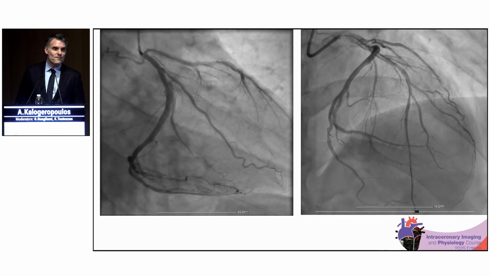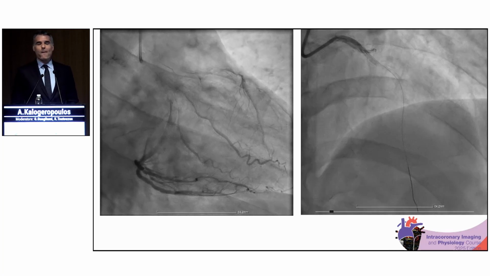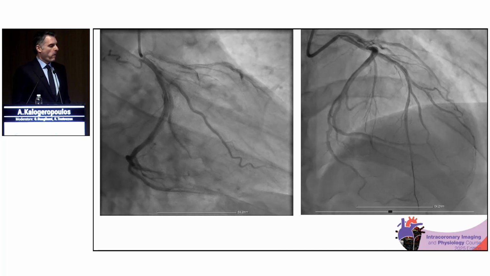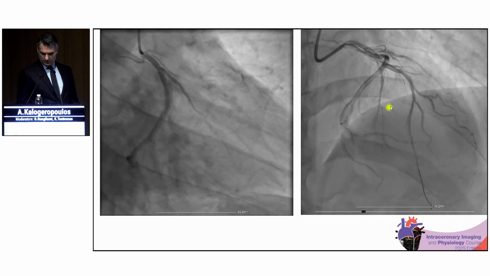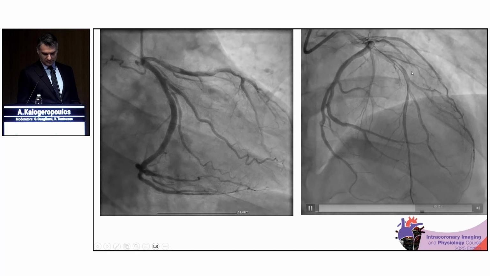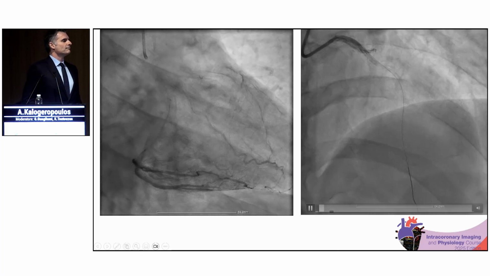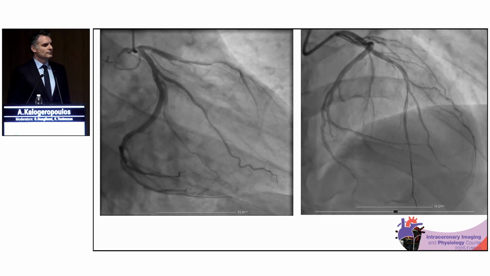Any comment from the discussant? So you have these younger patients. Yes, thank you very much for being here. Okay, we have a new patient, 42 years old, and we have a lesion in the mid-LAD that appears diffuse, like atherosclerosis in all the LAD. But in the mid-LAD, this plaque needs to be investigated.